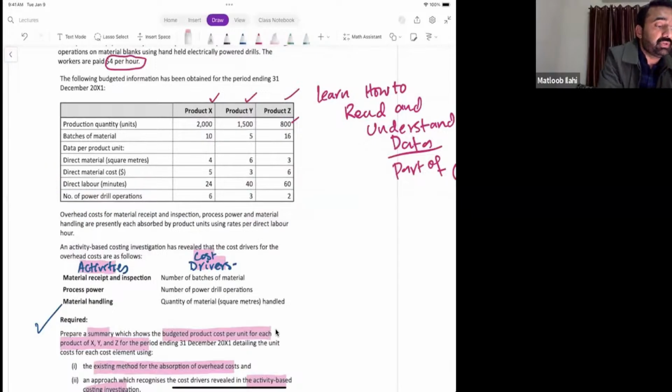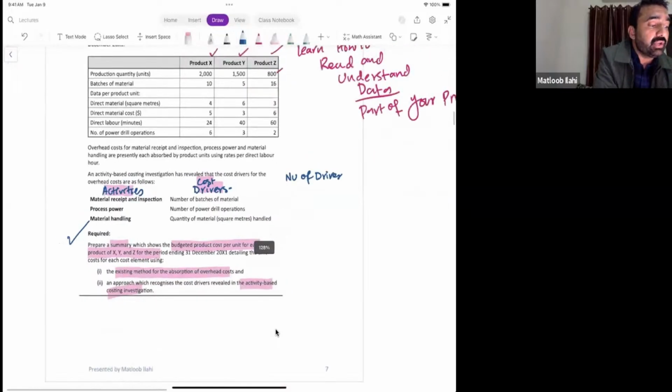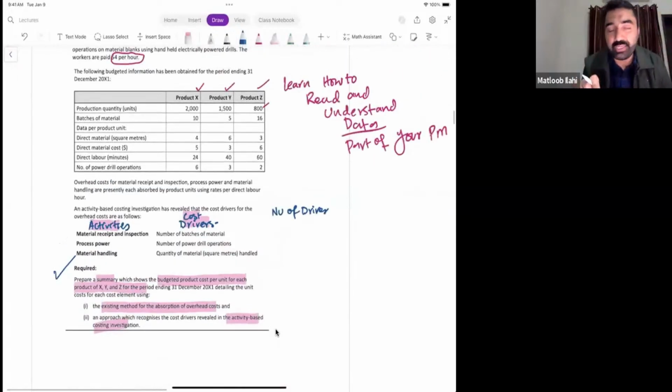To calculate driver rate, we need the number of drivers. So we need to calculate the total number of batches of material, the total number of power drill operations, and the total quantity of material handled. You are given indirect data, and questions may ask you to calculate this.